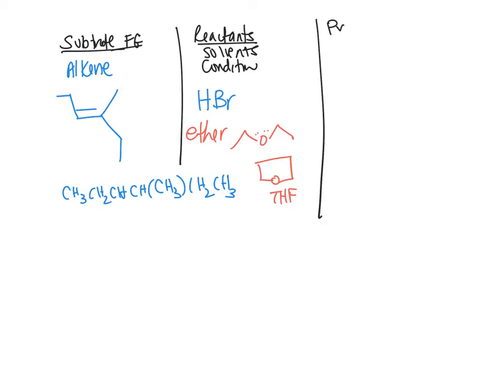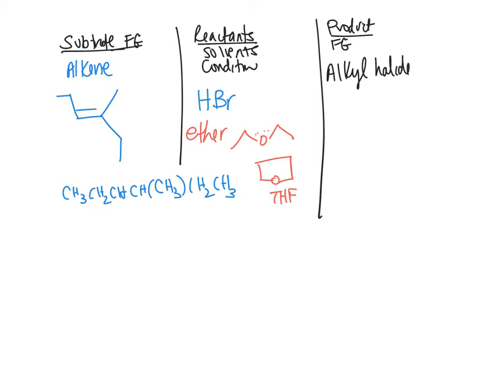Okay, the product here, which is your functional group. And I'm not going to fill out these every time for you. I expect you to do it for yourself because you're also going to need those in organic too. So your product, your functional group here, you're going to see that it's going to be an alkyl halide. So that's the name.